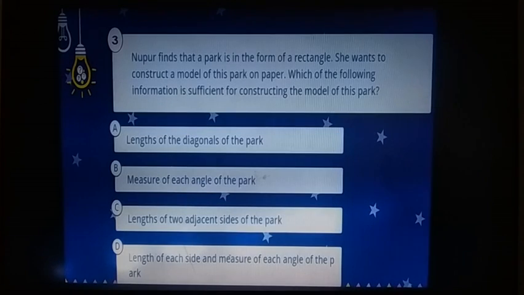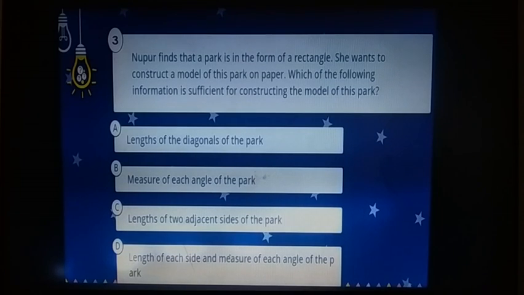Say question number 3. Nupur finds that a park is in the form of a rectangle. She wants to construct a model of this park on paper. Which of the following information is sufficient for constructing the model of this park? Option A, lengths of the diagonals of the park.